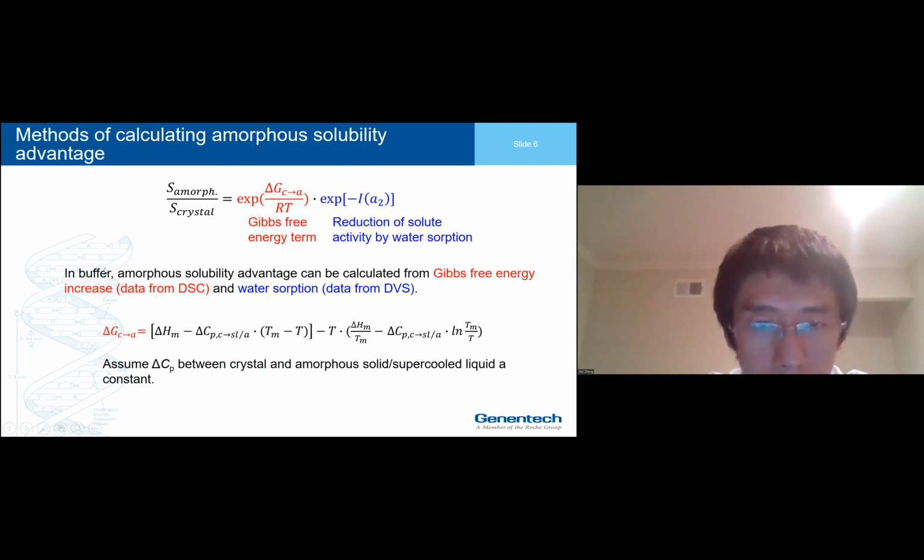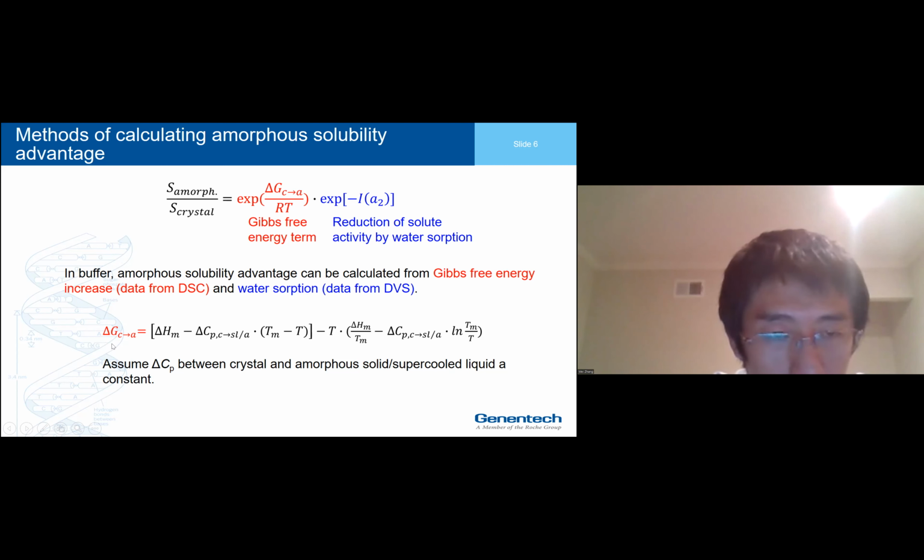In a buffer system, the amorphous solubility advantage can be calculated from this equation. And for the first term, this Gibbs free energy term, R is a gas constant, T is temperature, and we only need to find the Gibbs free energy difference.